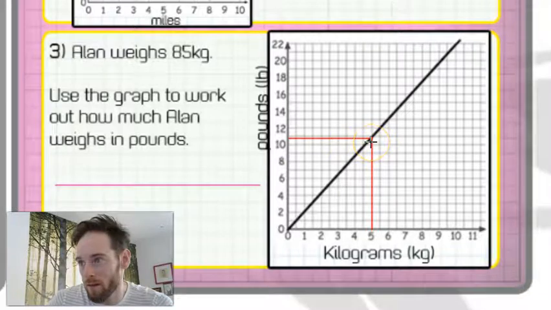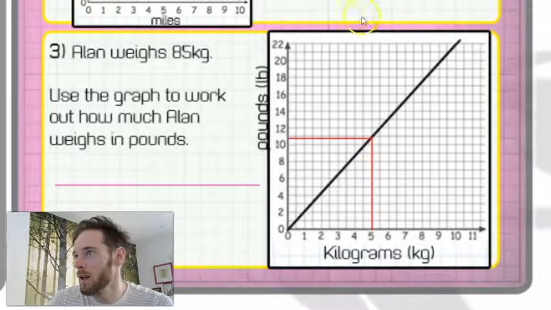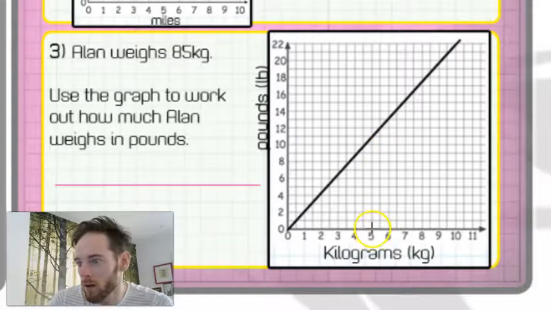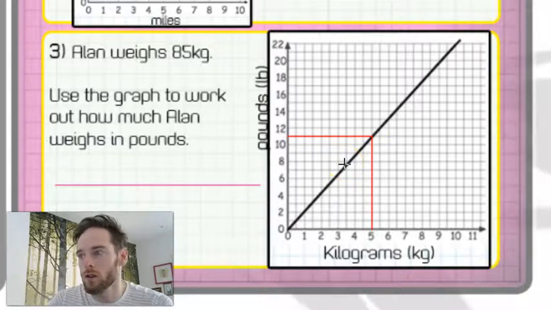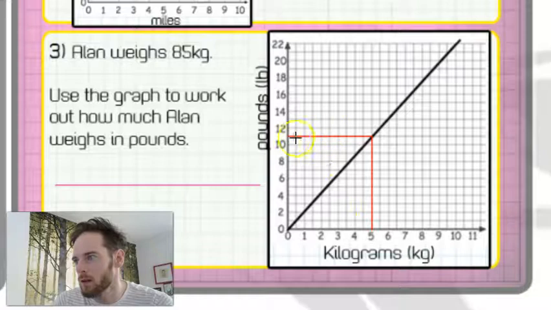All right, but let's just say it's 11. Let me just try that again because I want it to look like it is 11 because I don't want to faff around with decimals doing this. Alright, so I've hit my line and I've gone across, right? So as long as you're using your conversion that you've got here in your graph, let's use that. There we go. So we're saying that is exactly 11 pounds.